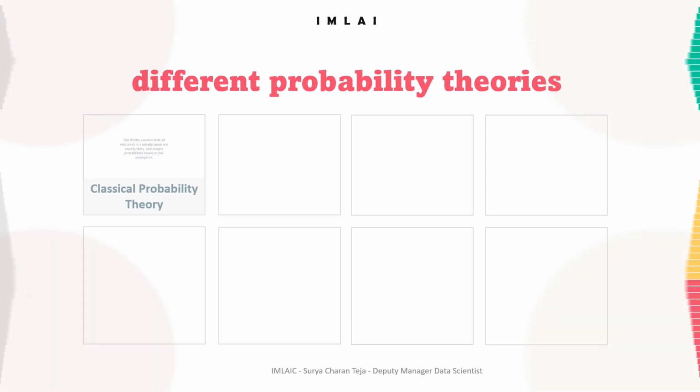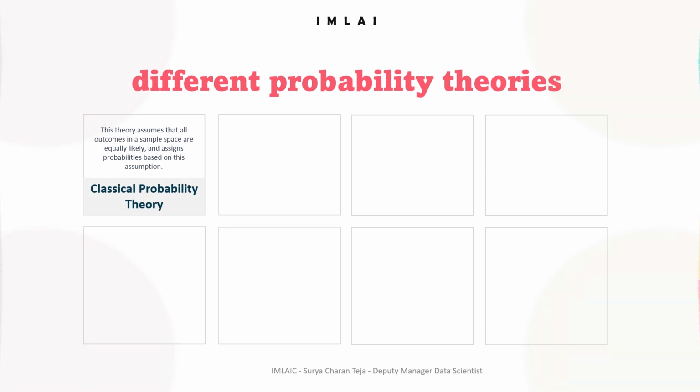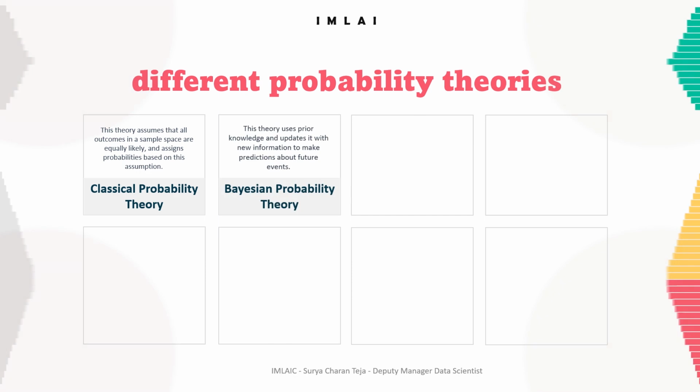The first one is classical probability theory: rolling a fair six-sided die and calculating the probability of rolling a specific number, or flipping a fair coin and calculating the probability of getting heads or tails. We call it classical probability theory.